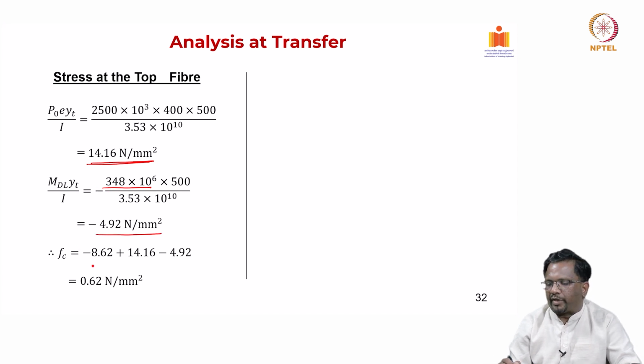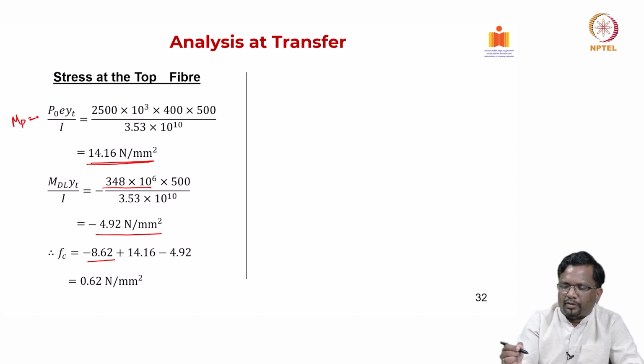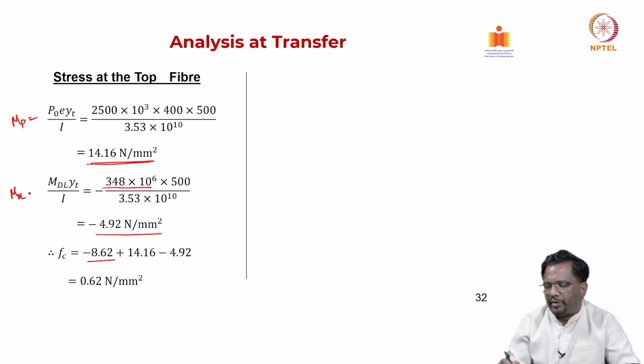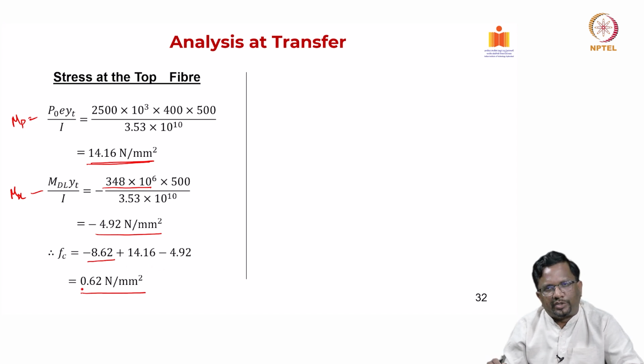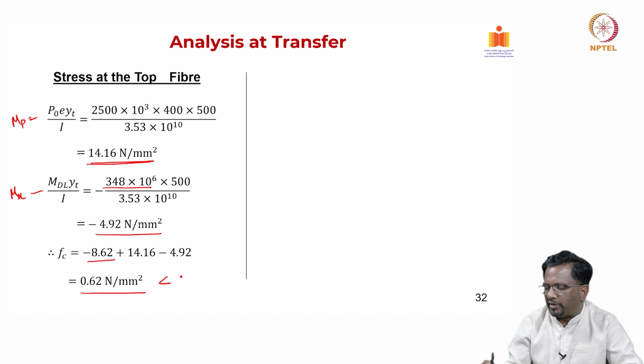So, the net effect at transfer: this is the concentric effect, which is minus P naught by A, this is your pre-stressing moment MP, and this is your load MDL effect. The net effect is a stress of 0.62 megapascal, which is tension, but it is much lesser than your FCR, so there is no problem.